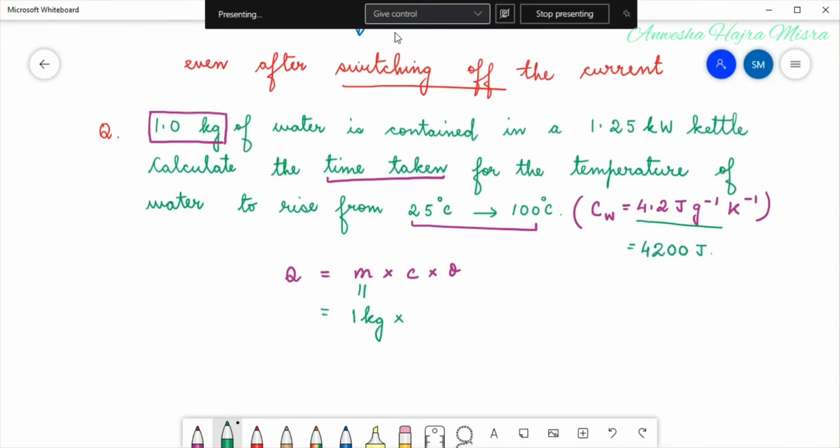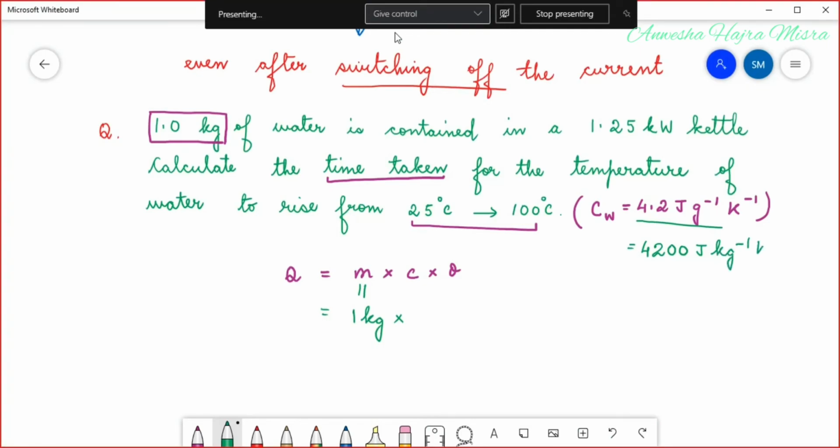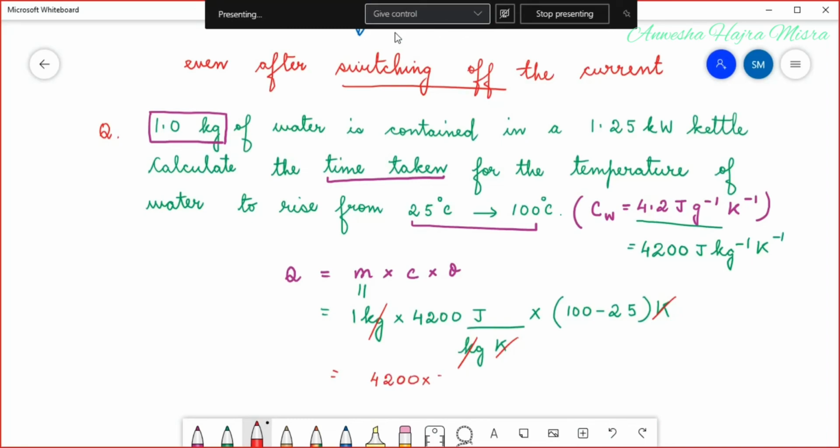From gram to kg, we have to multiply with 1000. So C is 4200 joule per kg per Kelvin. And rise in temperature is 100 minus 25 Kelvin. Kg cancels, Kelvin cancels. So the heat is 4200 into 75 joule. This much of heat is required.